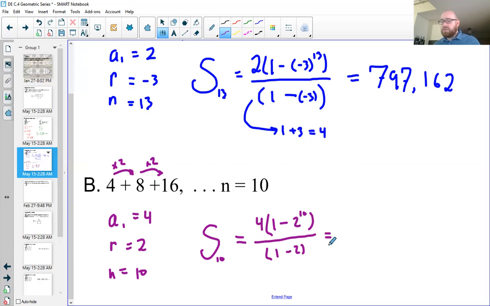So this is one that we could fairly easily evaluate by hand. But why evaluate by hand when we have calculators that can help us evaluate? And so putting this into my calculator, we get a still large but more modest number, 4,092.